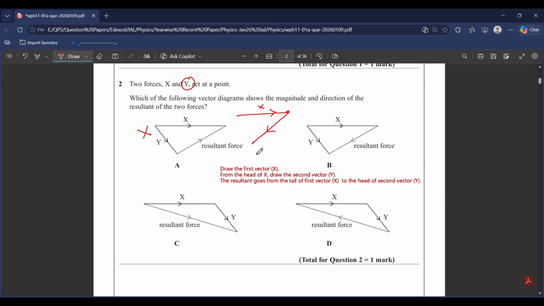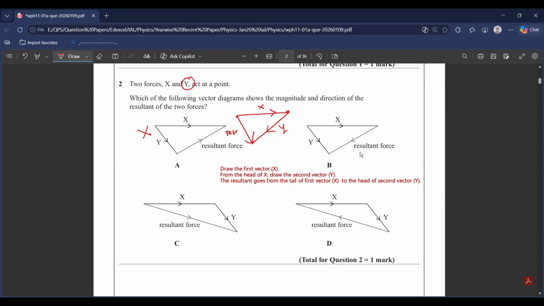So the tail of the resultant vector has to be connected to the tail of the first vector and connected to the head of the second vector. So it should be looking something like this. This is our resultant. Now let's see which of the diagrams matches our diagram.